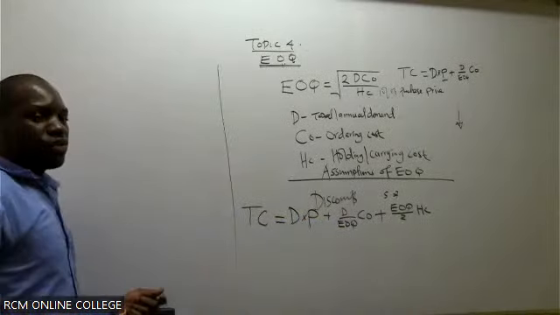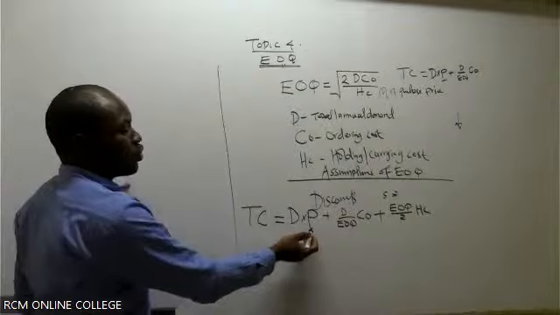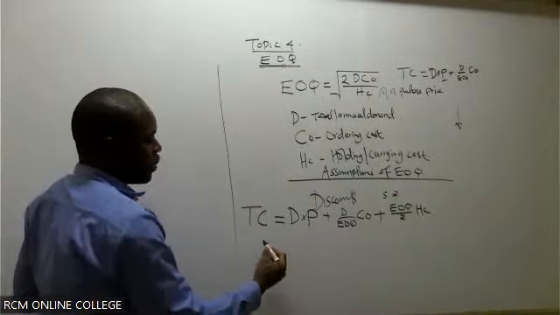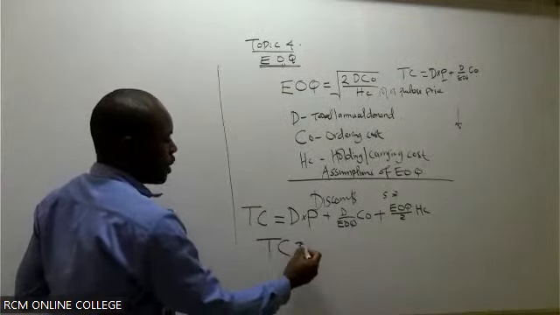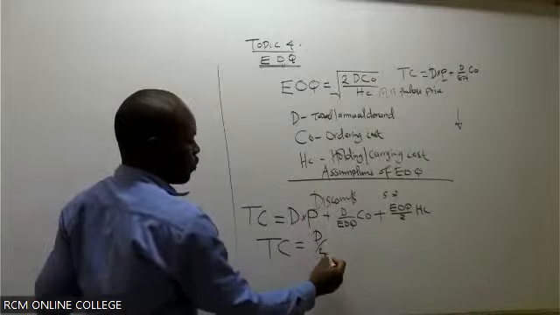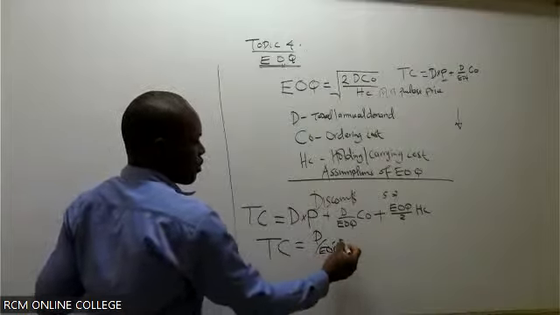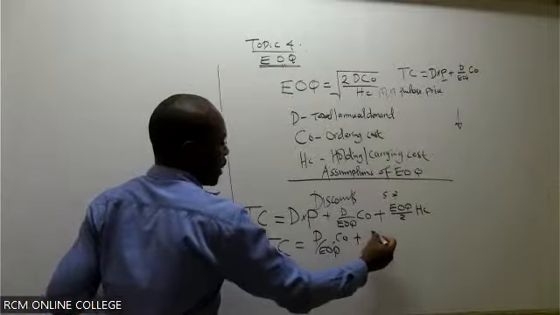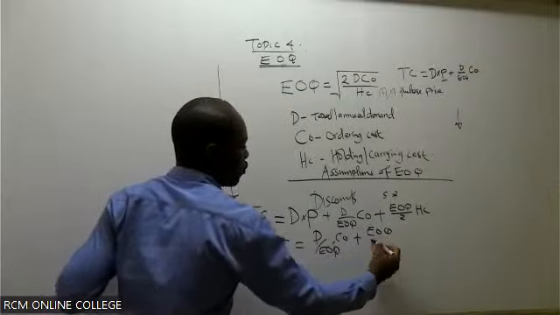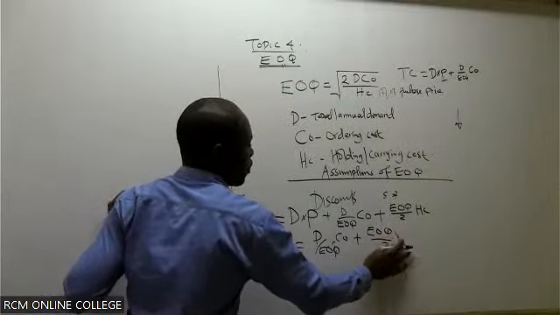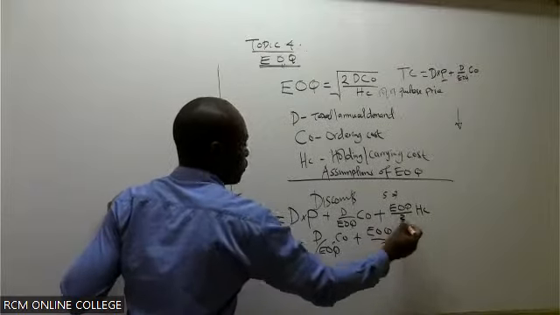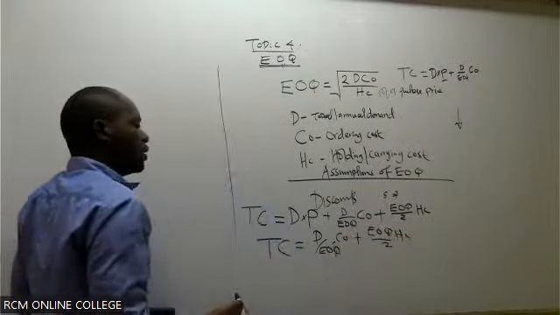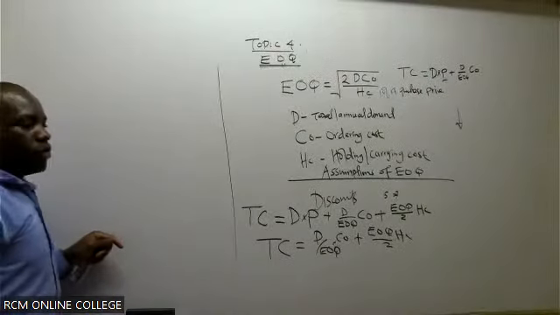Should you get a question whereby the purchase price is not given, then your total cost will still be demand over economic order quantity multiplied by ordering cost plus economic order quantity divided by 2, then multiplied by holding cost. Why do they assume this?